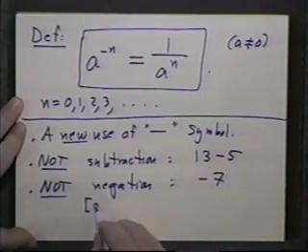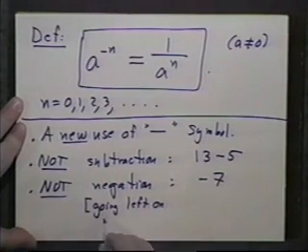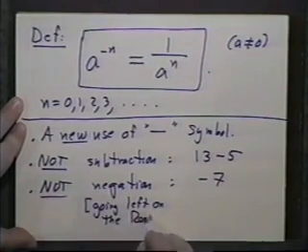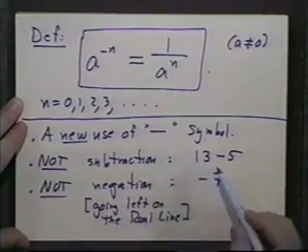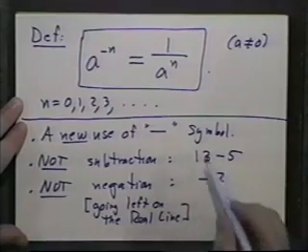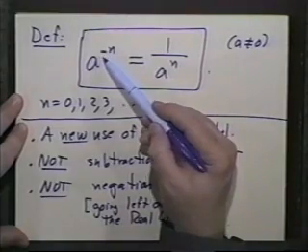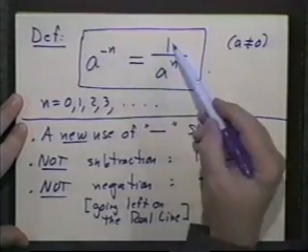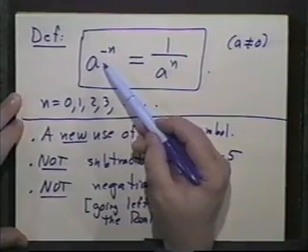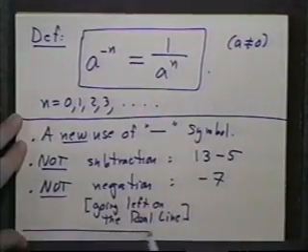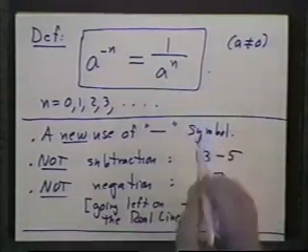Negation, you might remember, is going left on the real line. This new symbol's usage is neither one of these. If you wanted to think about it, I suppose you could say it says, rewrite this as the reciprocal, 1 over a to the n. So the minus simply says, rewrite me as a reciprocal. But I'm not going to say that. We're just going to memorize this rule as it stands because we know it makes sense now.